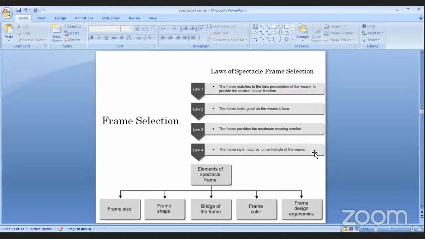Law number 1, the frame matches the lens prescription of the wearer to provide the desired optical function. This is based on the conception that not all frame styles are equally appropriate for each lens prescription. Frames as the means for carrying the lenses are critically important in dispensing to transfer the clinical findings into reality.